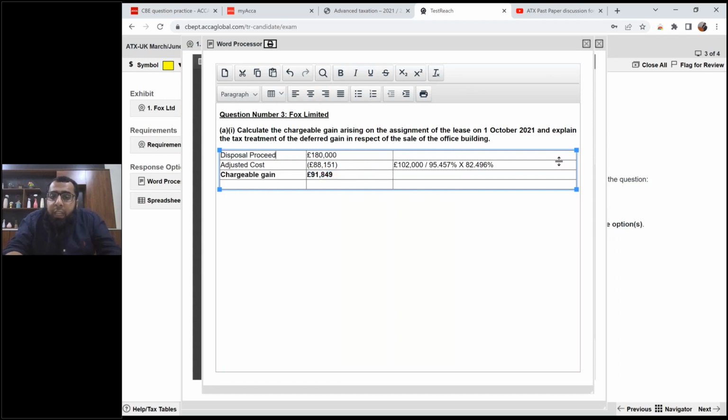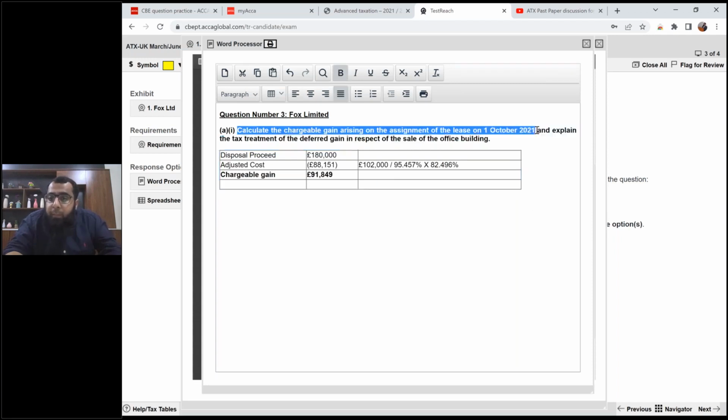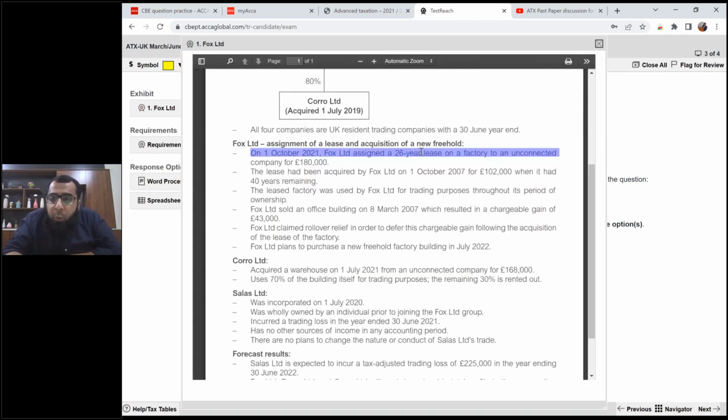First of all, he asked us to calculate the chargeable gain on the assignment of the lease. The lease was disposed of for 180,000. Now it was disposed of when the life was 26 years.